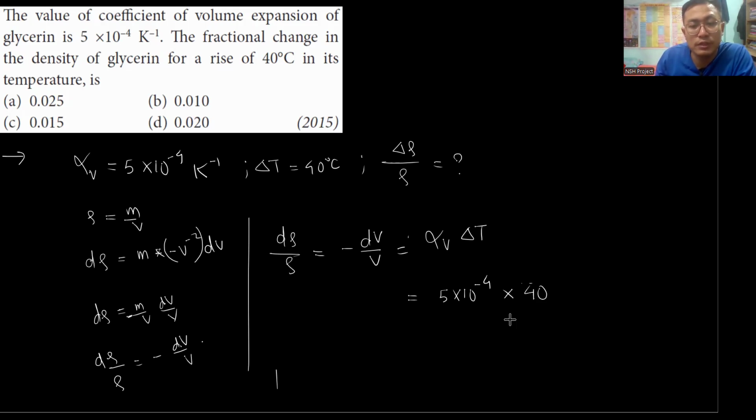Delta T is 40. So 5 fours are 20, 20 into 10 to the power minus 4, that is 0.02. So option number D is the right answer.